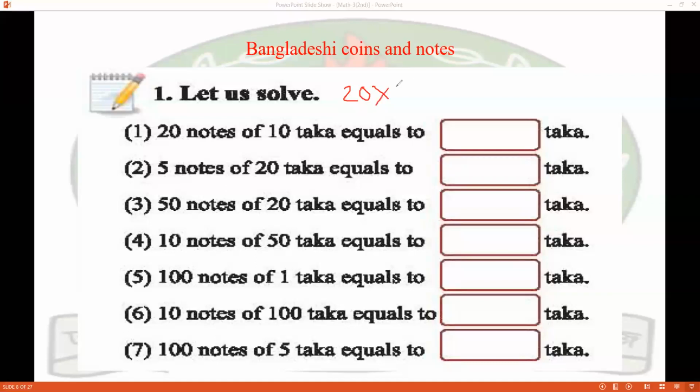That means 20 multiplied by 10 is equivalent to 200. So 20 notes of 10 taka is equal to 200 taka.